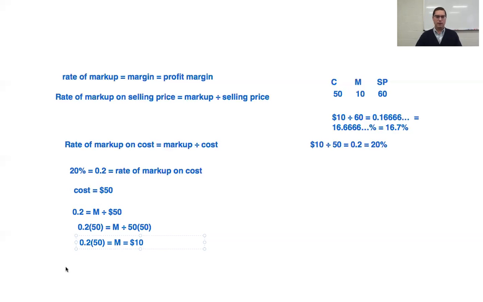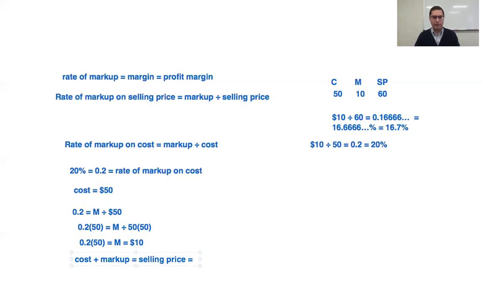Now, that also gives us a clue. Let's say that we want to know what selling price we're going to have to charge if our cost is $50 and we want a rate of markup of 20%. What's our selling price going to be? Well, we go back and recall that cost plus markup equals selling price.